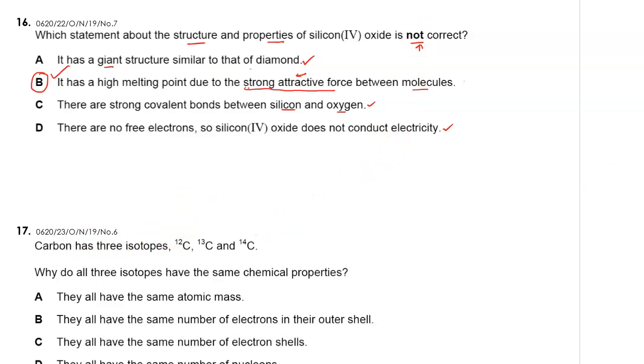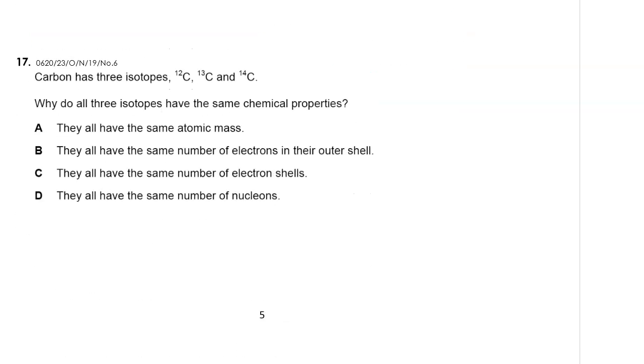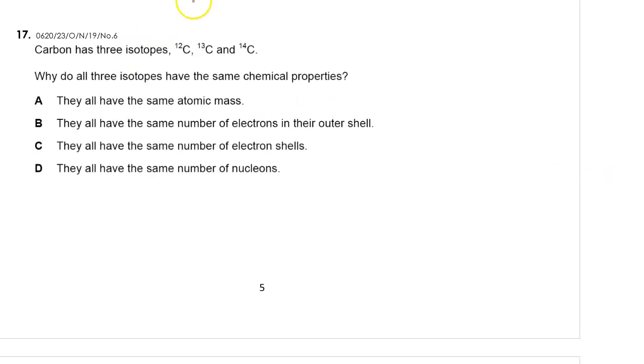Number 17. Carbon has 3 isotopes: carbon 12, carbon 13, carbon 14. Why do all 3 isotopes have the same chemical properties?